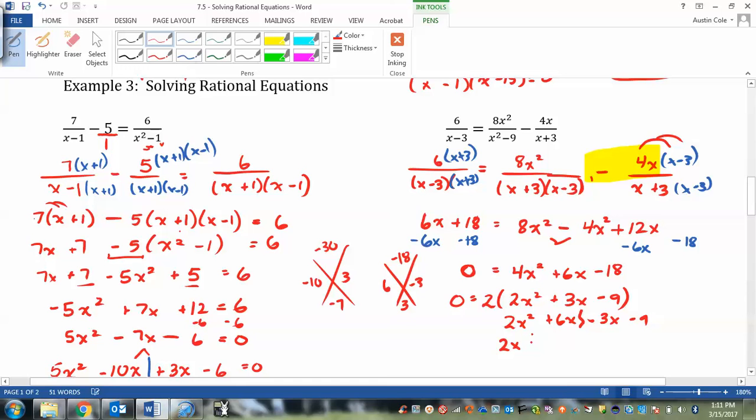And I'm left with x plus 3. Factor out a negative 3, so I'm left with x plus 3. And then my two factors are going to be 2x minus 3, x plus 3, and set those equal to 0. So x is going to equal 3 halves, and x equals negative 3.